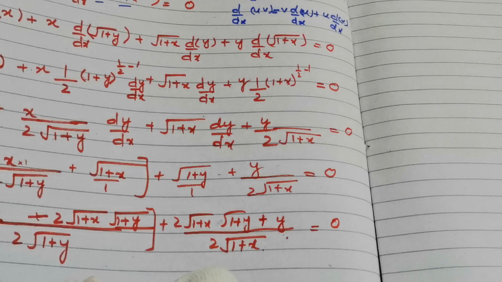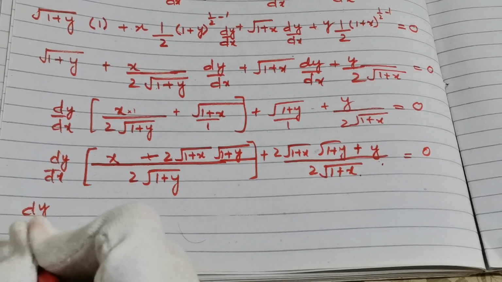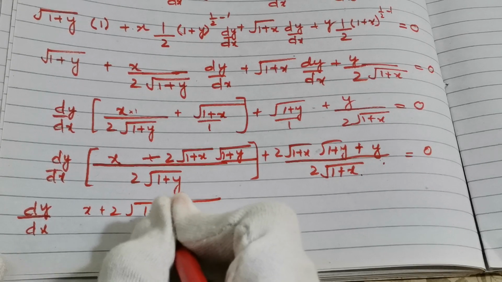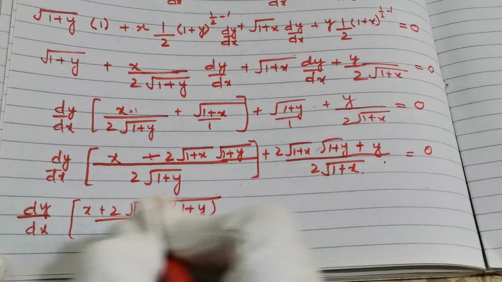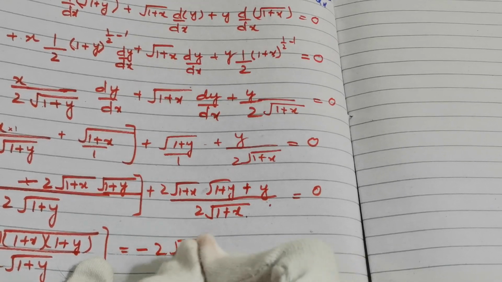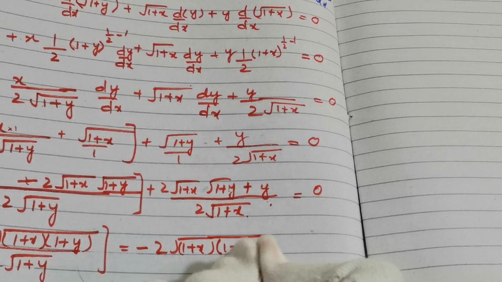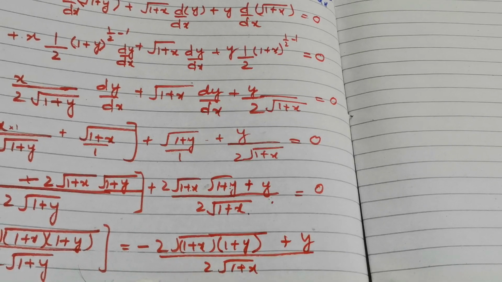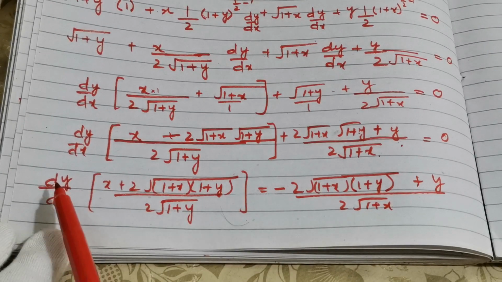Now dy by dx times x plus 2 under root 1 plus x under root 1 plus y over 2 under root 1 plus y. We take it to the right side, positive 2 will become negative 2 under root 1 plus x, and in the same way plus y by 2 under root 1 plus x. Now this term is multiplied by this term.